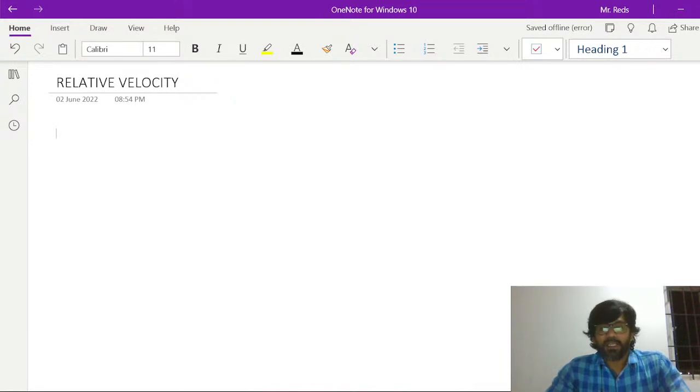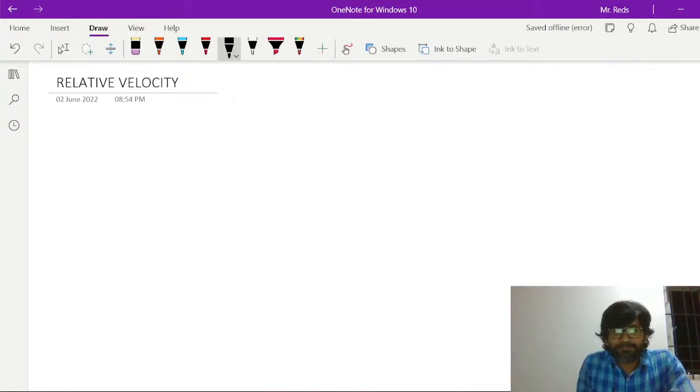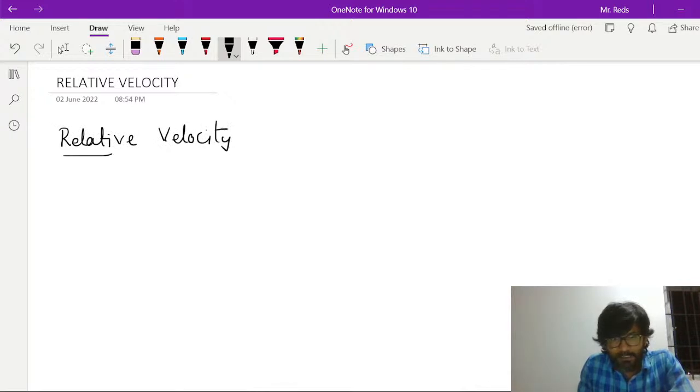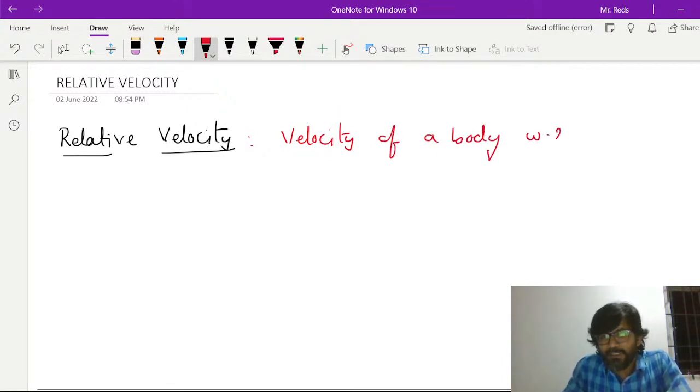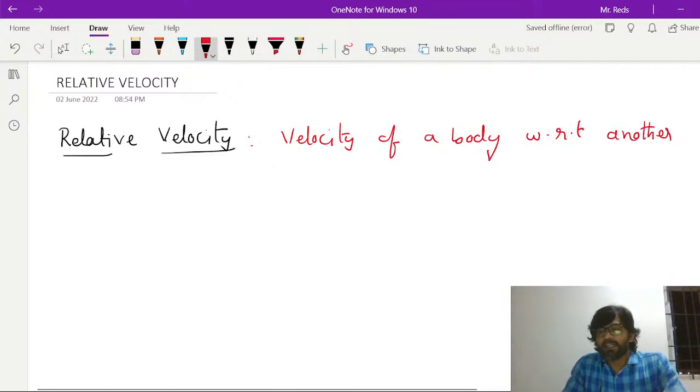So relative velocity means the velocity of a body with respect to another body, and that other body may be in motion or at rest also.